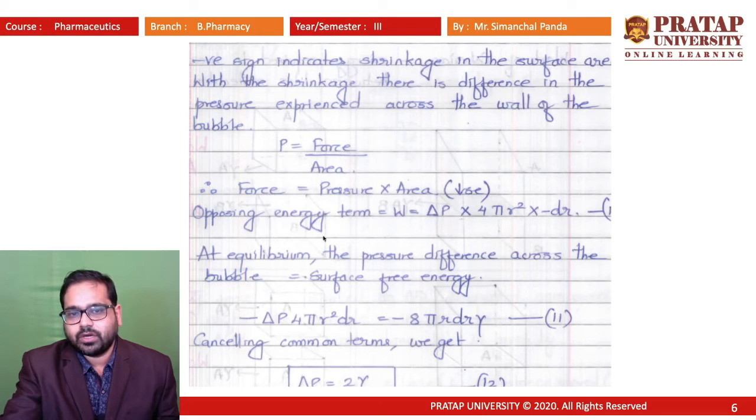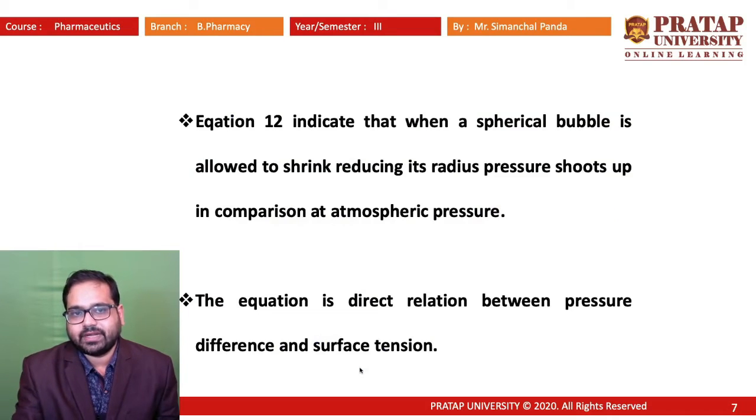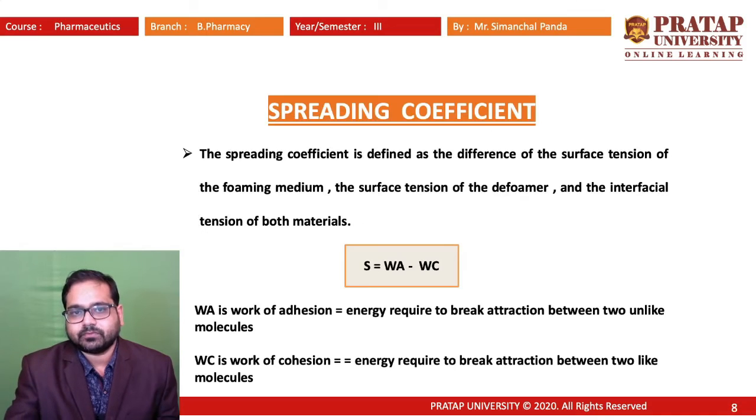We correlated both, the work done, that is the surface free energy, and the pressure due to the change in pressure. By cancelling and simplifying we derived equation 12, which indicates that when the spherical bubble is allowed to shrink, reducing its radius, pressure shoots up in comparison to atmospheric pressure.